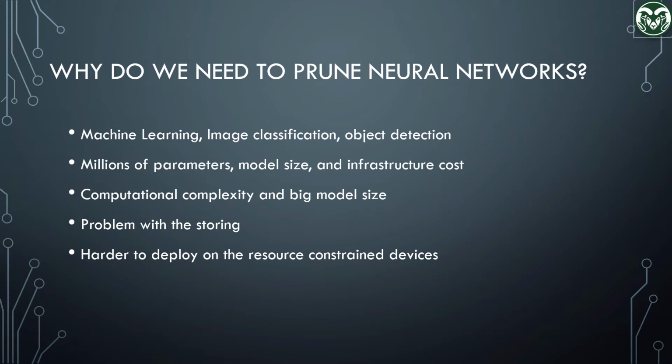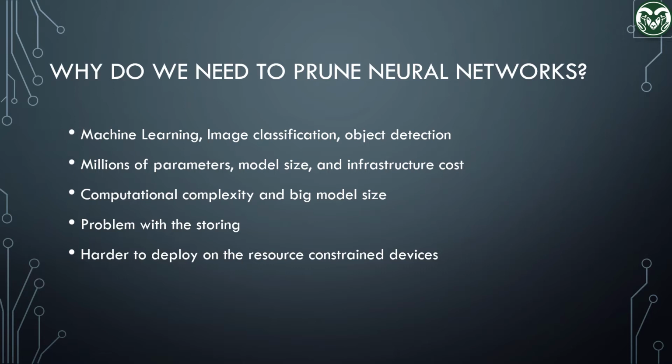So why do we need to prune neural networks and what are the advantages of it? We can see that recent developments in machine learning have led to accurate image classification and accurate object detection.